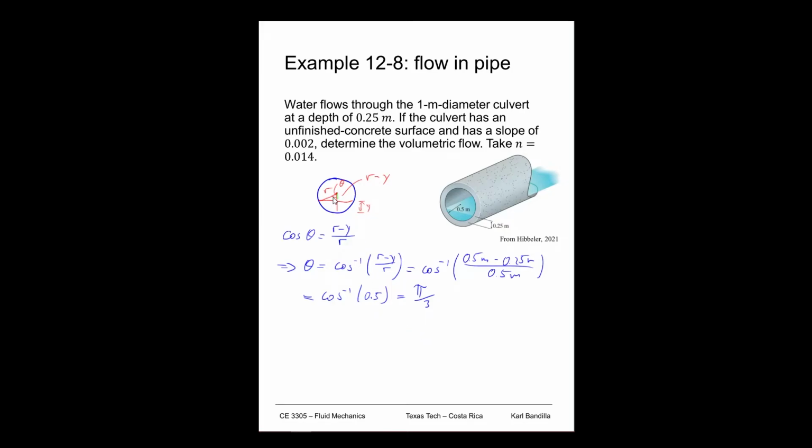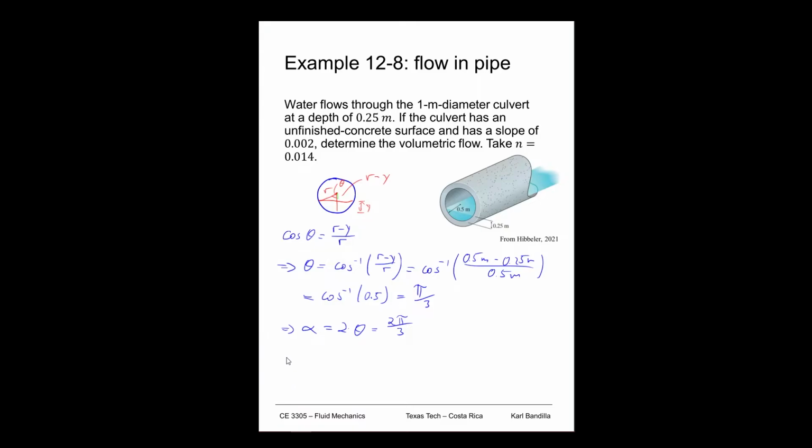Now, we're not interested in that half angle. We're interested in the full angle. So my alpha that goes into all my equations is going to be 2 times theta, so that would be 2 pi over 3. That's our opening angle that goes into our 2 equations, one for the flow area and the other for the wetted perimeter.